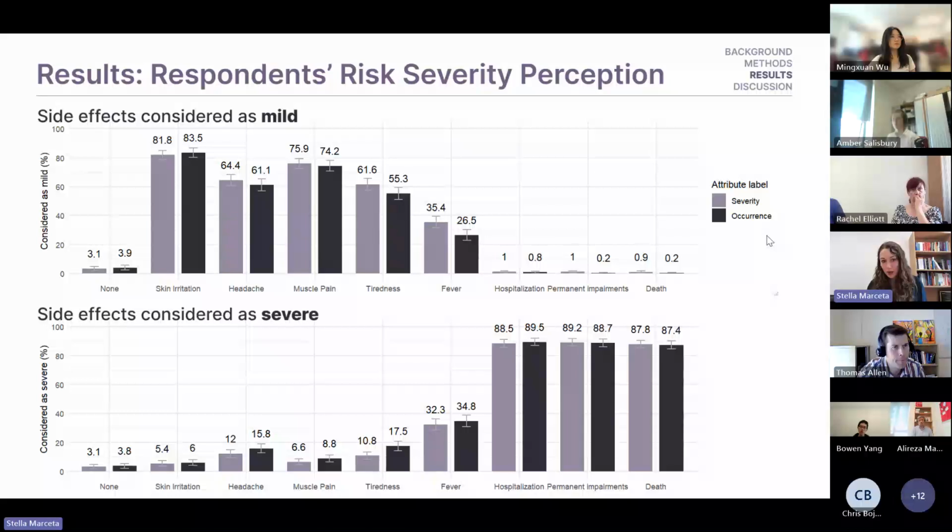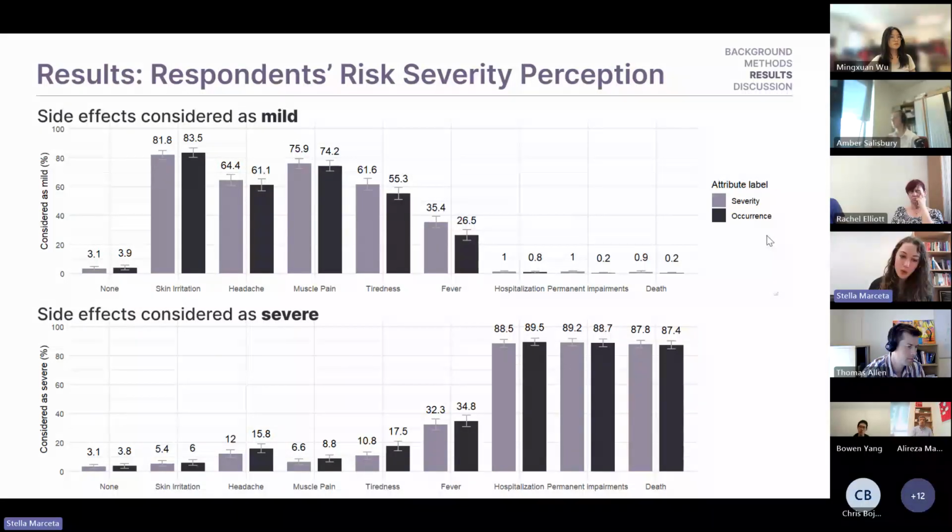So finally, what I want to show to you is that after the choice task, we gave people all the side effects that were included in the DCE, and we asked them, which ones do you actually think are mild, and which ones do you think are severe?